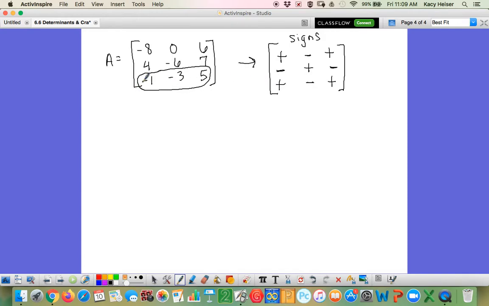So if you notice, -1, -3, 5 matches this row right here in place. It's the third row.